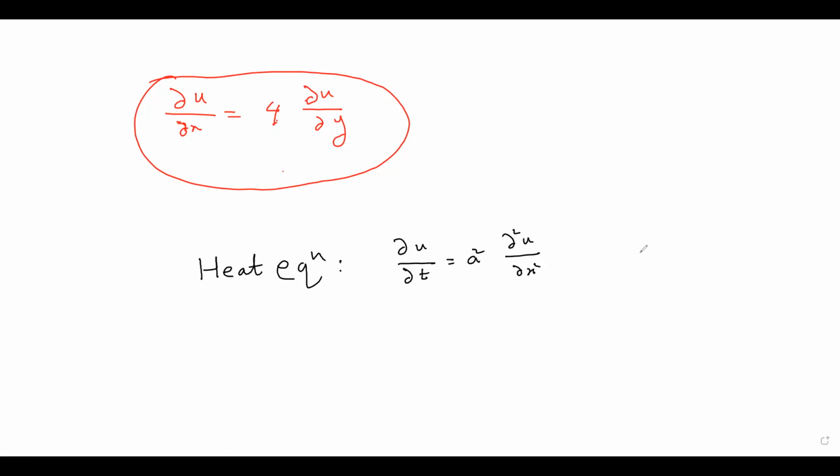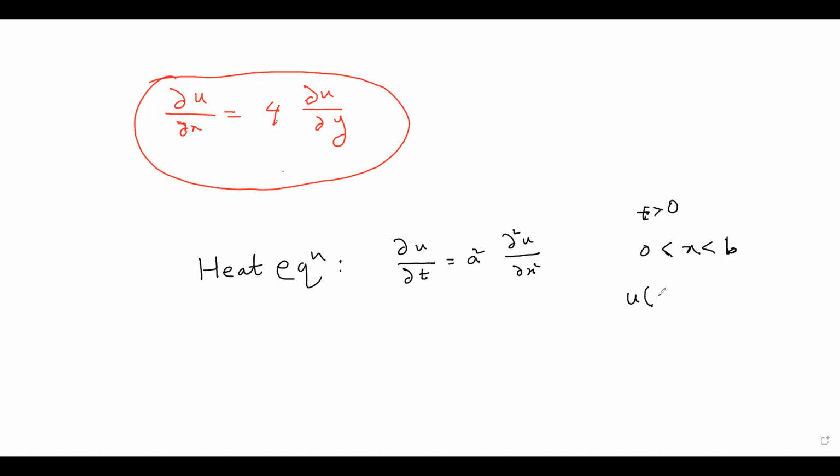For example, if the boundary for x is something like this, and generally you consider that time is not going to be negative, so t greater than 0.